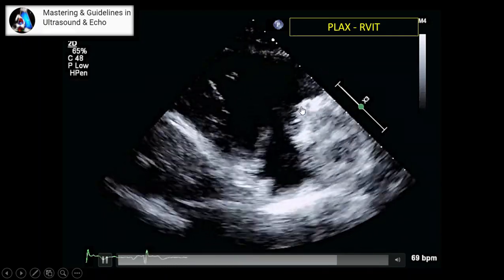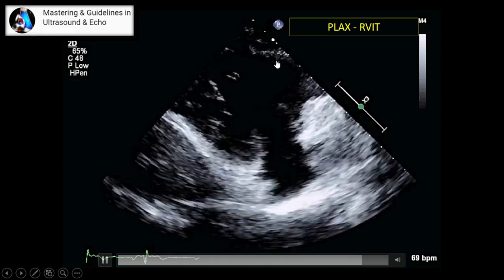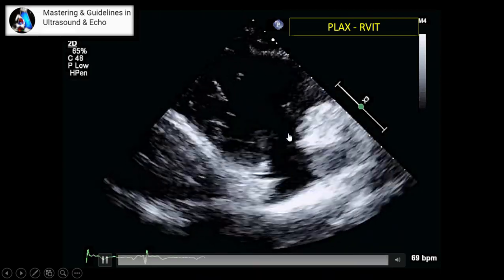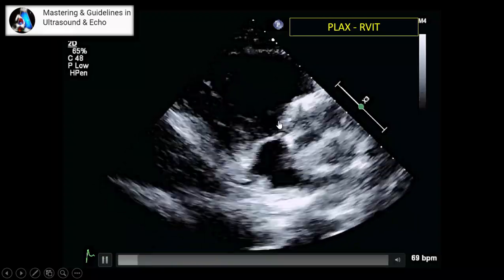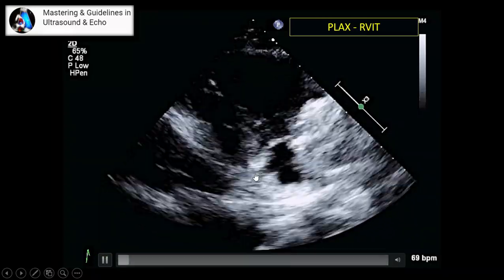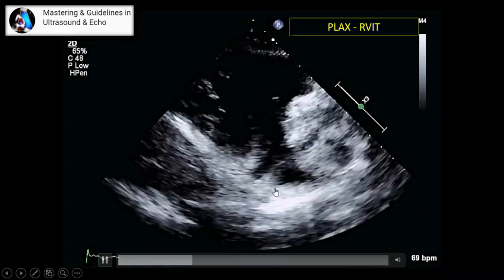The structures we will see in the RVIT view are part of the right ventricle here. We will see the anterior and posterior tricuspid valve leaflets. Here we can see a little of the coronary sinus, the opening of the coronary sinus, a little of the IVC.